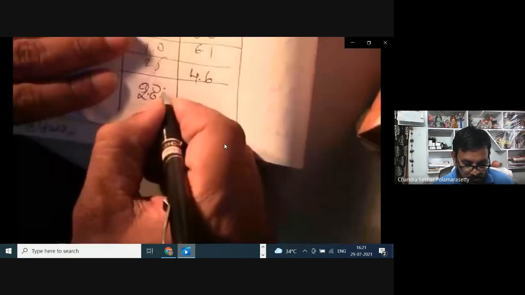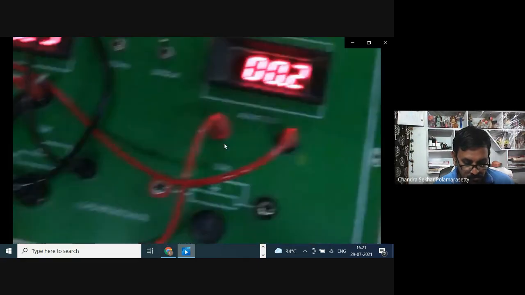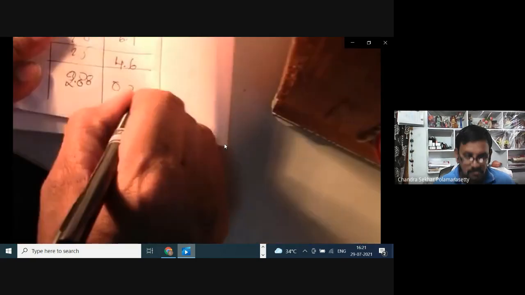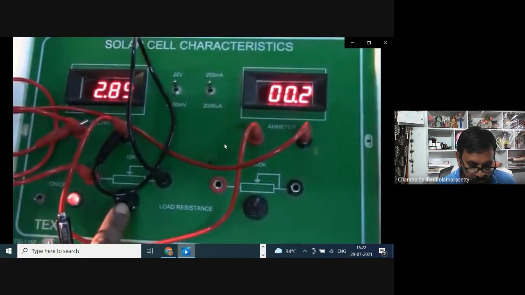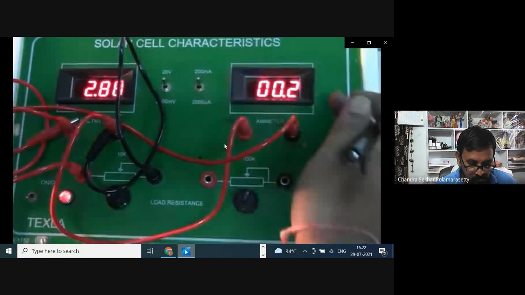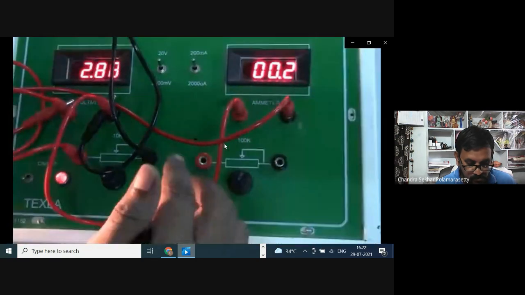Students, repeat the same thing for intensity 2. So this is somewhat brighter intensity. Now reduce the intensity. So here I reduced the intensity. Okay, repeat the experiment. Similarly, we have to perform.